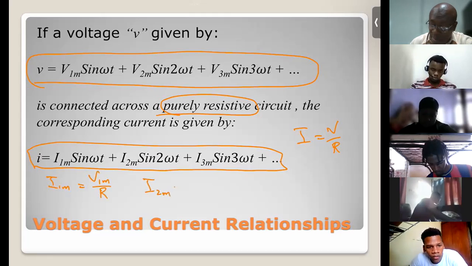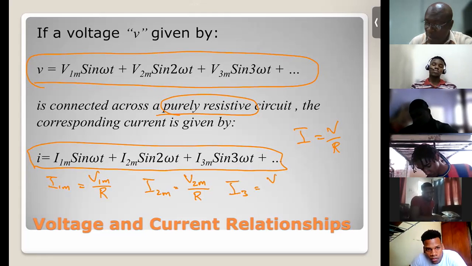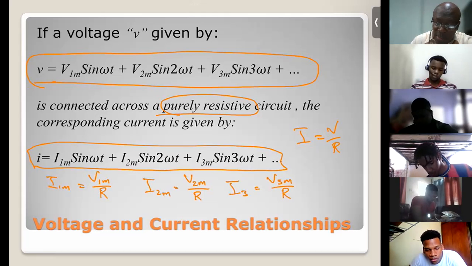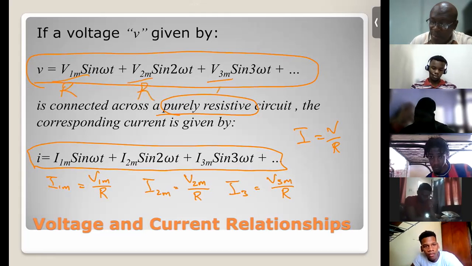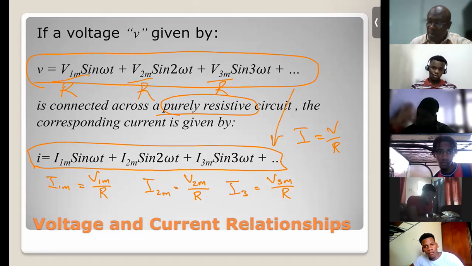I2M is going to be equal to V2M over R. And I3M is going to be equal to V3M over R. So in other words, each of these are going to be divided by R. And that is how you end up with the current expression from the voltage expression.